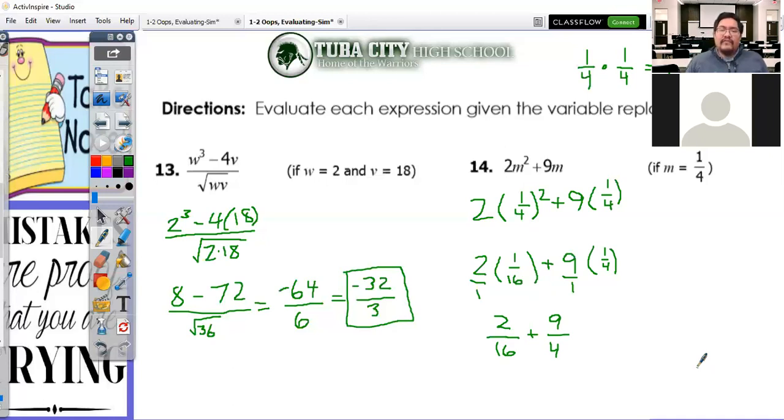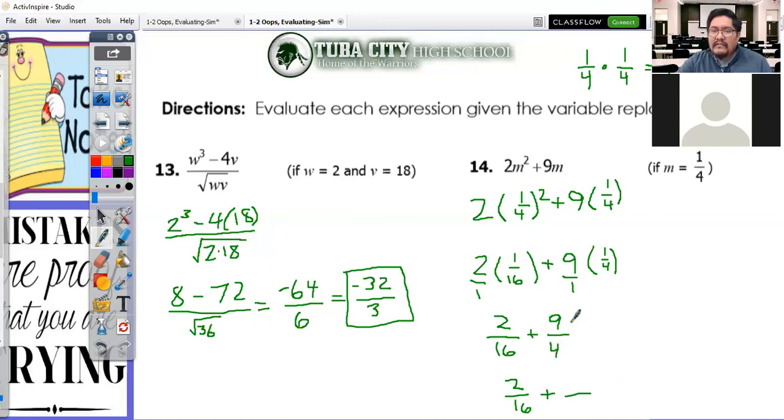Now I have 2 fractions and I need to add them together. So again, when I'm adding fractions, I need that bottom number to be the same. So when you need bottom numbers to be the same, you can either reduce one number or you can make the other number bigger. I think in this case, it might be easier to make the other number bigger. So let's stick with 16 as our bottom number, because I can easily change this to make 16.